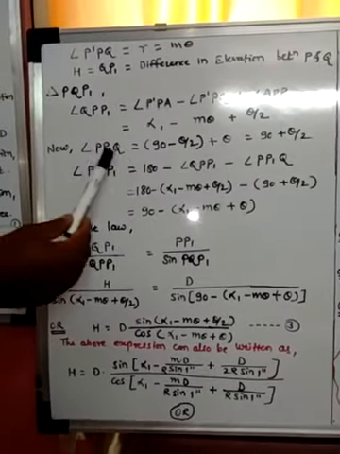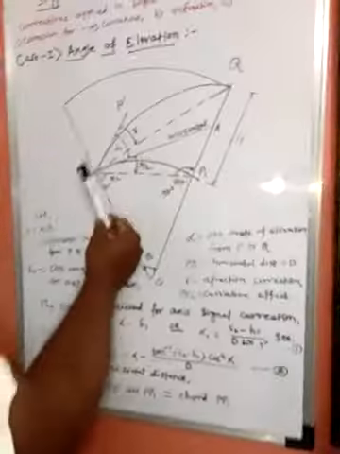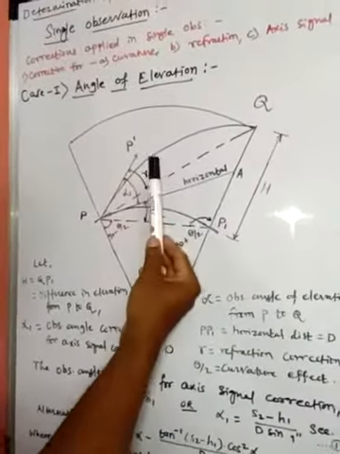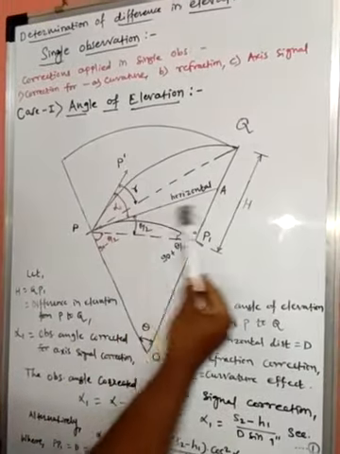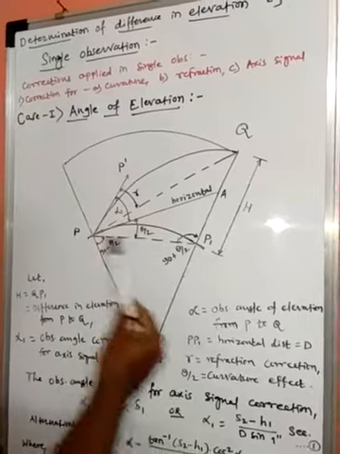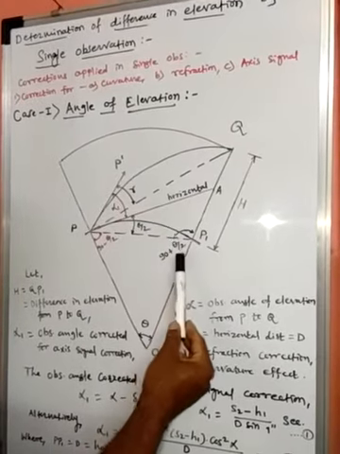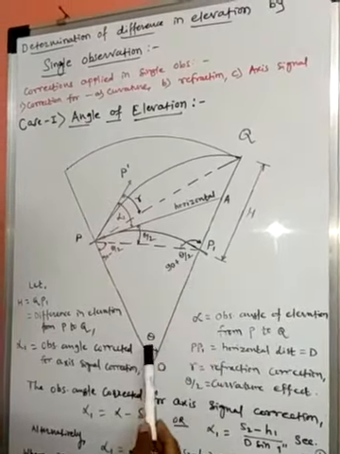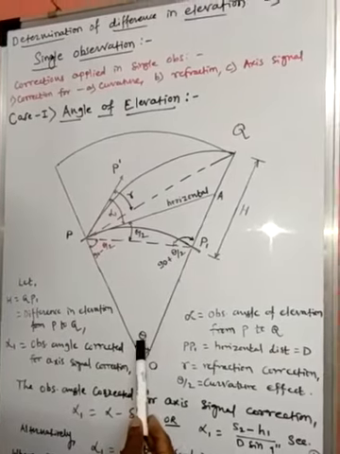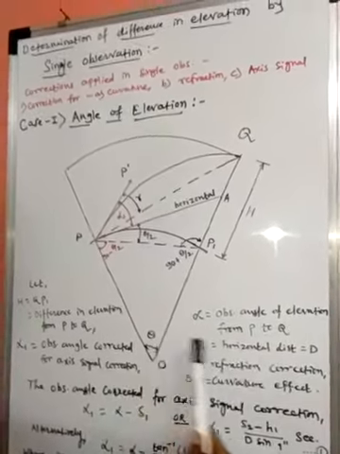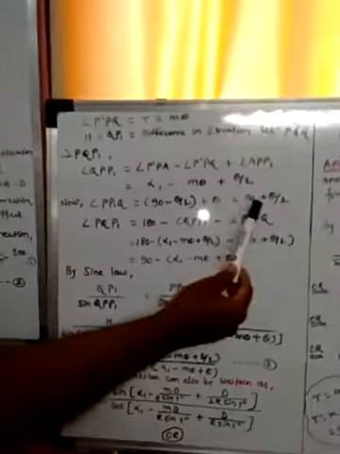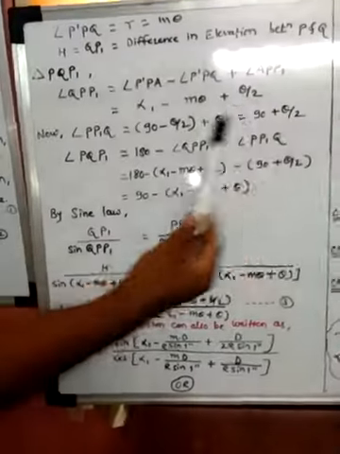Then the angle at P1: P1Q is 90 minus half of theta plus the curvature effect plus the angle subtended by the earth, which reduces to 90 plus half theta.